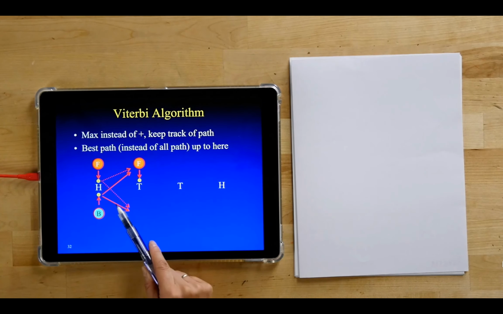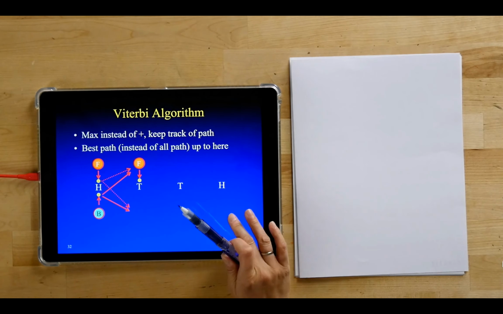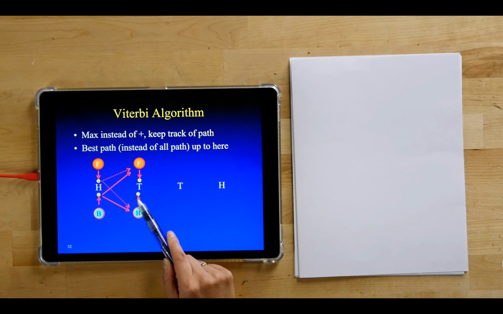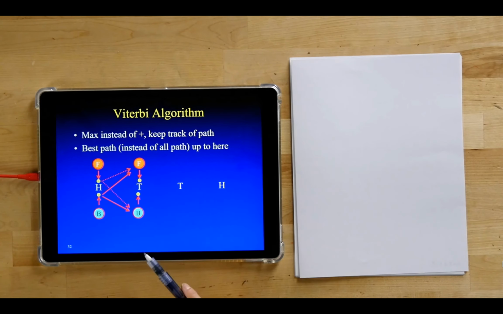And in this case, the psi pointer will remember I'm going to use the bottom one, not the top one. And so now that I'm using a bias coin, from here, I need to emit a tail. And so this number multiplied by the emission probability from a bias to a tail, that's my new yellow dot for the bias coin. So the delta bias at the second location.